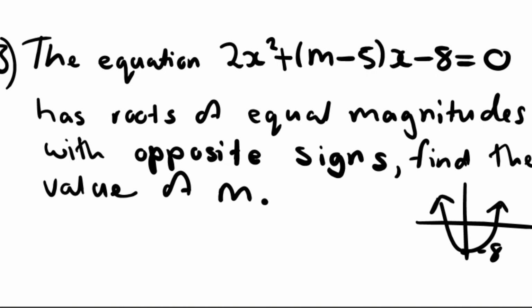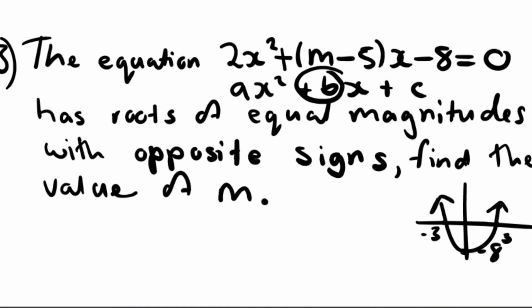It will have roots of equal magnitude, maybe minus 3 and 3, if it is not shifted to the left or to the right. If it is written in the form ax squared plus bx plus c, the b is the one responsible for shifting to the left and to the right. If b is 0, we just have ax squared plus c, and then it will have equal roots with opposite signs. That's what the question is looking for.